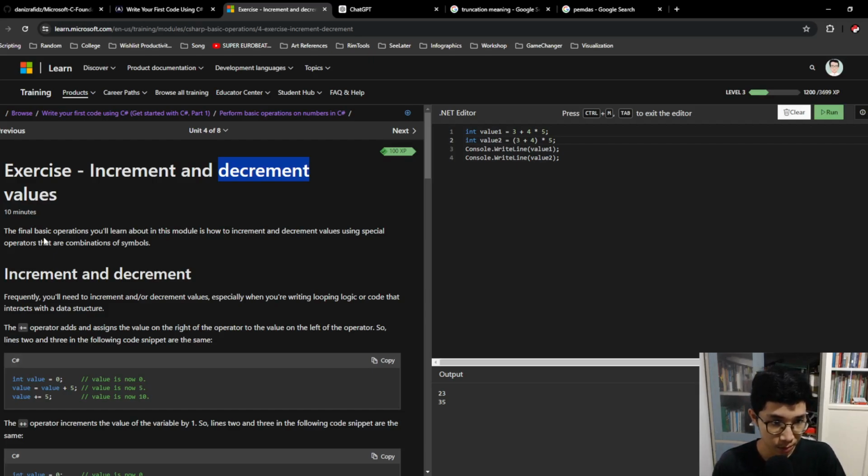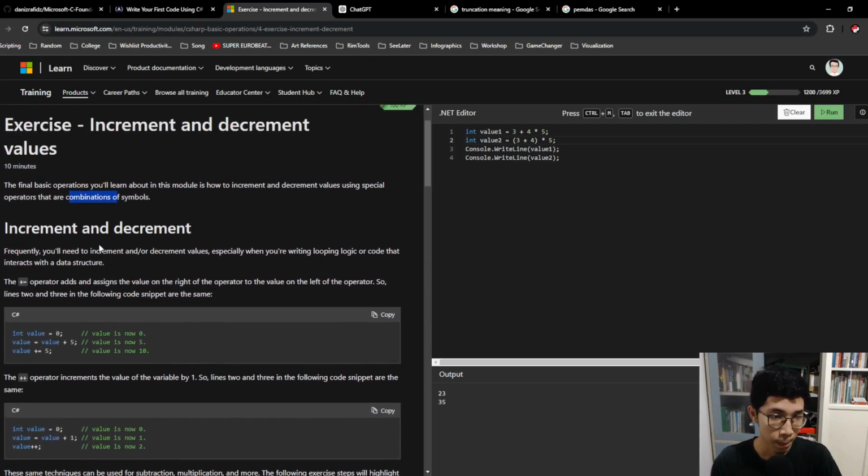The final basic operation you will learn about in this module is how to increment and decrement values using special operators that are a combination of symbols. Frequently you will need to increment and or decrement values, especially when you're writing looping logic or code that interacts with data structures.